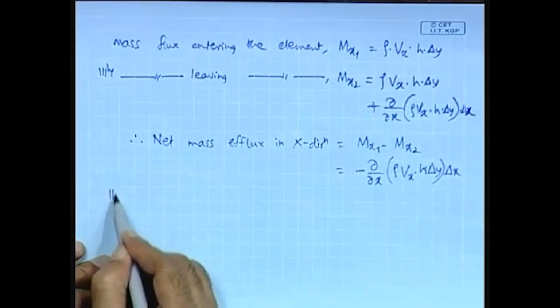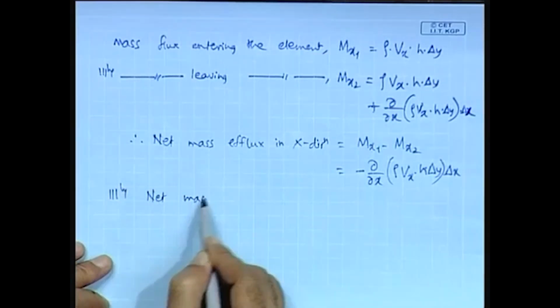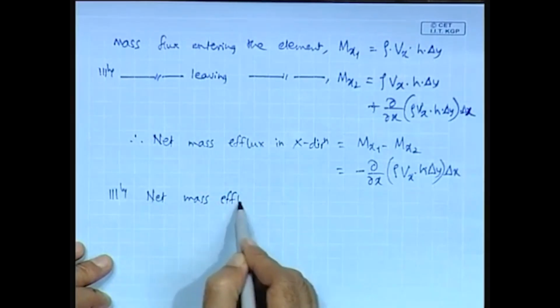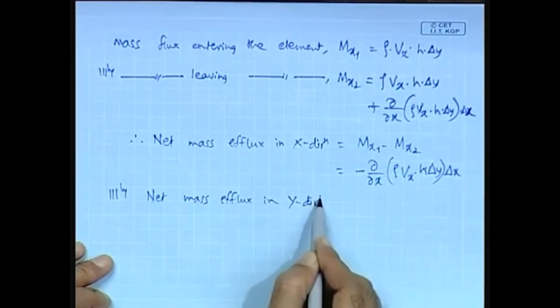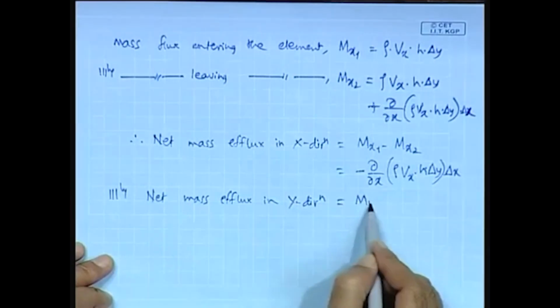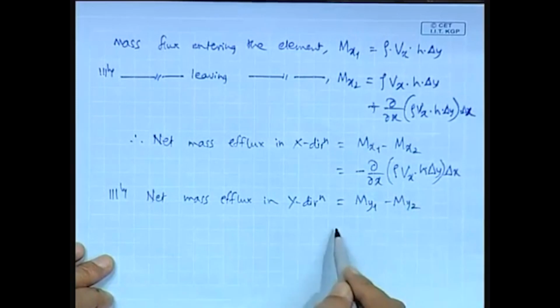Similarly, net mass efflux in y direction. So, this is given by my1 minus my2.